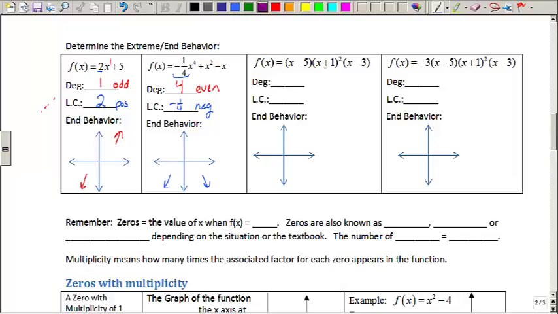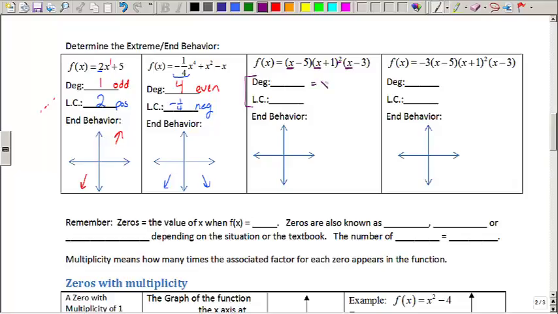I know this has lots of other terms, but the only thing I care about is the degree and the leading coefficient. I don't really care about the second term, the third term, the fourth term. I just need the highest exponent and then the coefficient of that highest exponent, which will just be the first term. So I'm going to take all of the first terms and multiply them together.